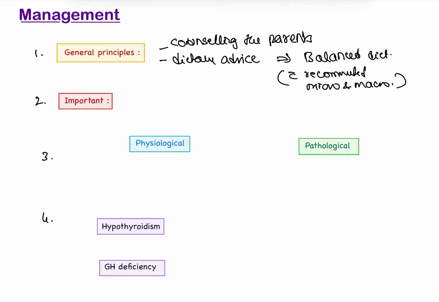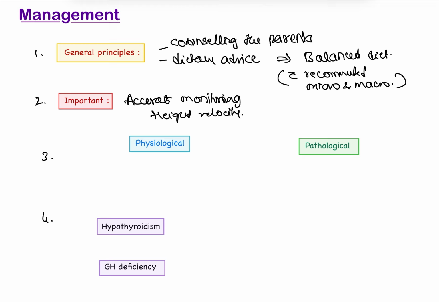And the important thing is accurate monitoring of height velocity. The height velocity should be monitored in children with short stature.